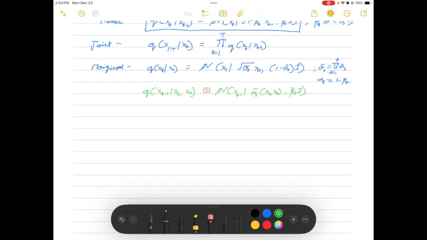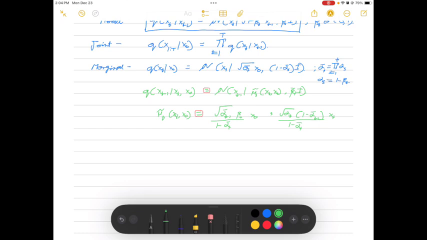So mu tilde t here is root of alpha bar t minus 1 times beta t divided by 1 minus alpha bar t, multiplied by x naught, plus root of alpha t times 1 minus alpha bar t minus 1 divided by 1 minus alpha bar t, times xt.